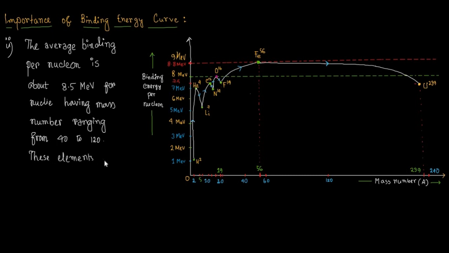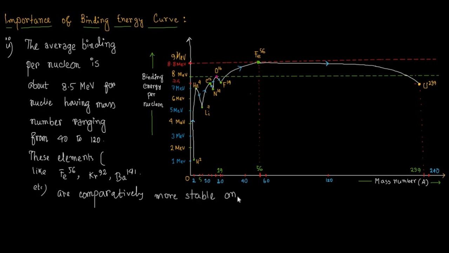And these elements, like iron 56, krypton 92, barium 141, etc., are comparatively more stable and non-radioactive.